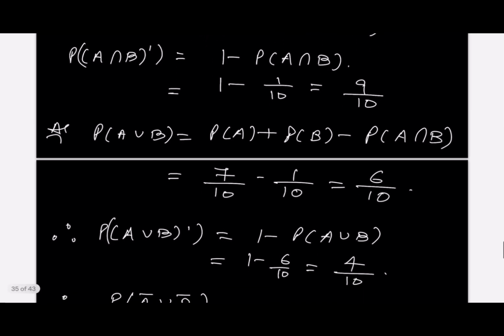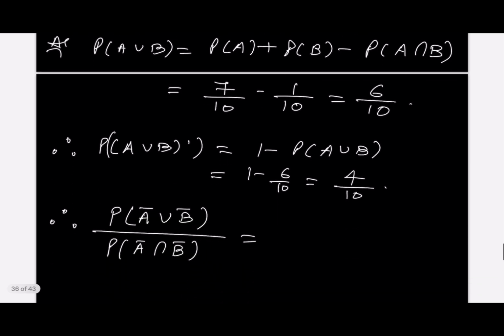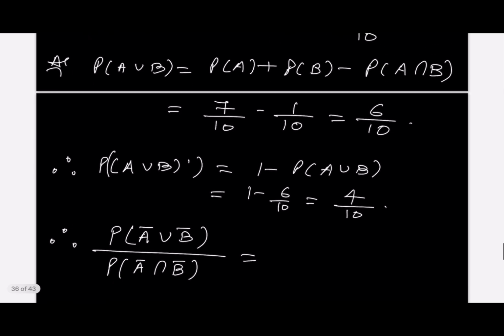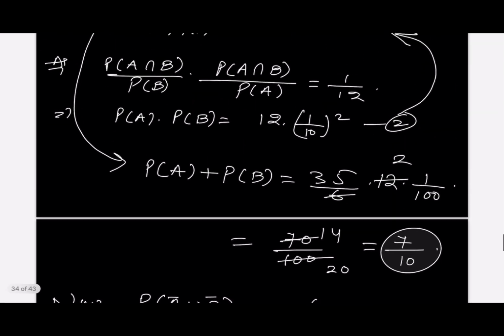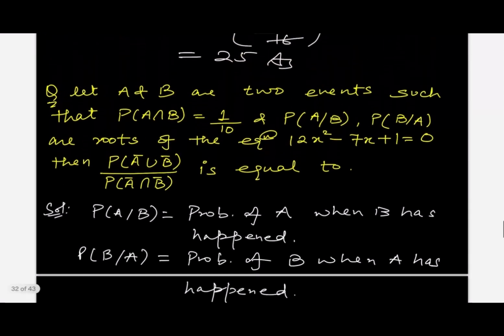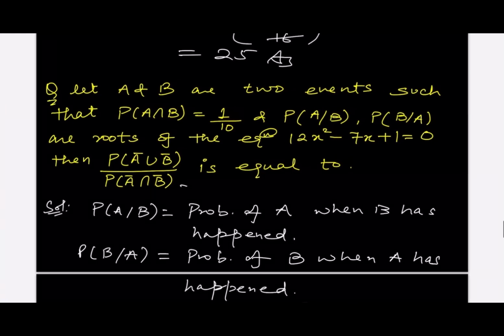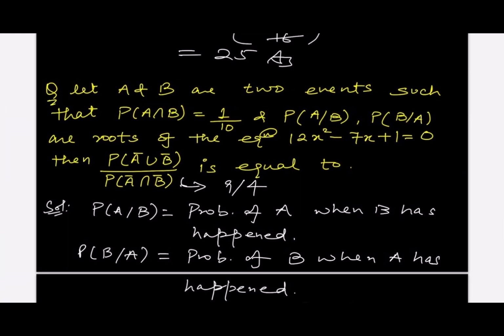P of A intersection B whole complement, which is 9 by 10, upon P of A union B whole complement, which is 4 by 10. So the whole answer is 9 by 4, which is the required answer, right? Okay.